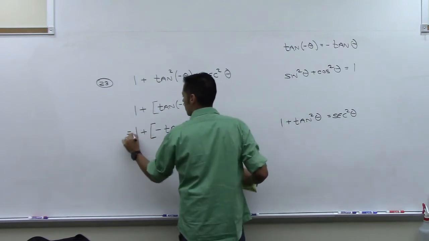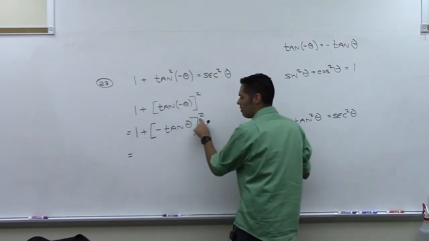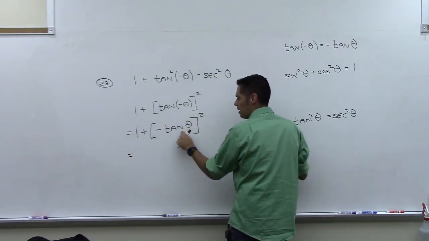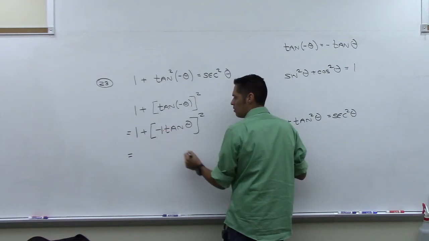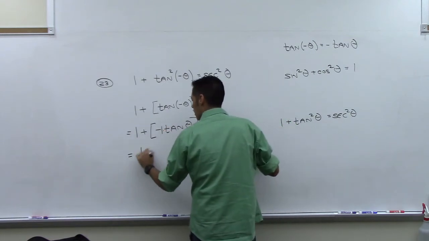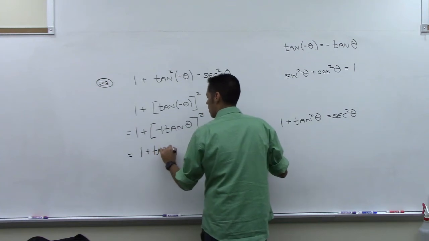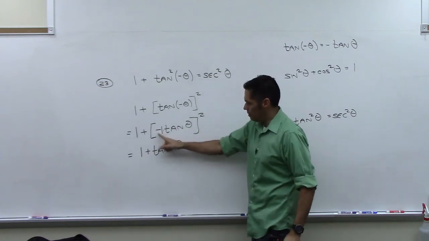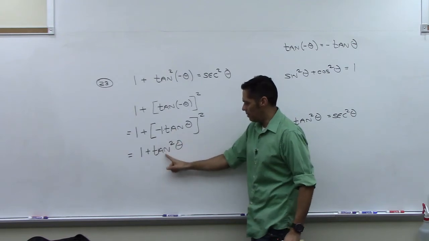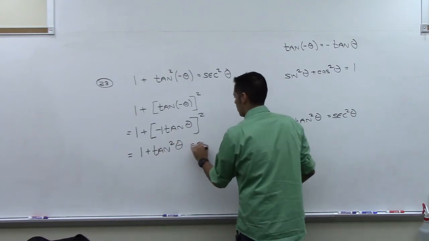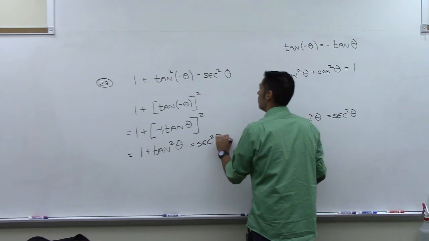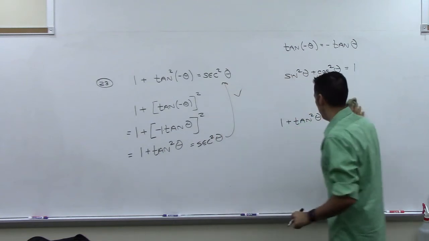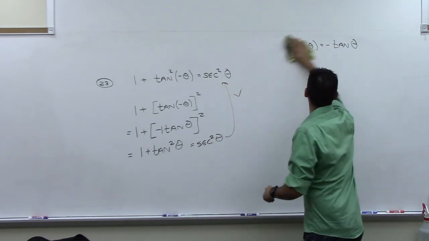And when you square this, you square the negative and you square the tangent, because that's really like a -1 multiplied. You're going to get 1 plus tangent squared theta, because that becomes a positive, and the tangent, when you square it, becomes this. And that is secant squared theta, which is this. So that checks out. I'm ashamed of myself right now.